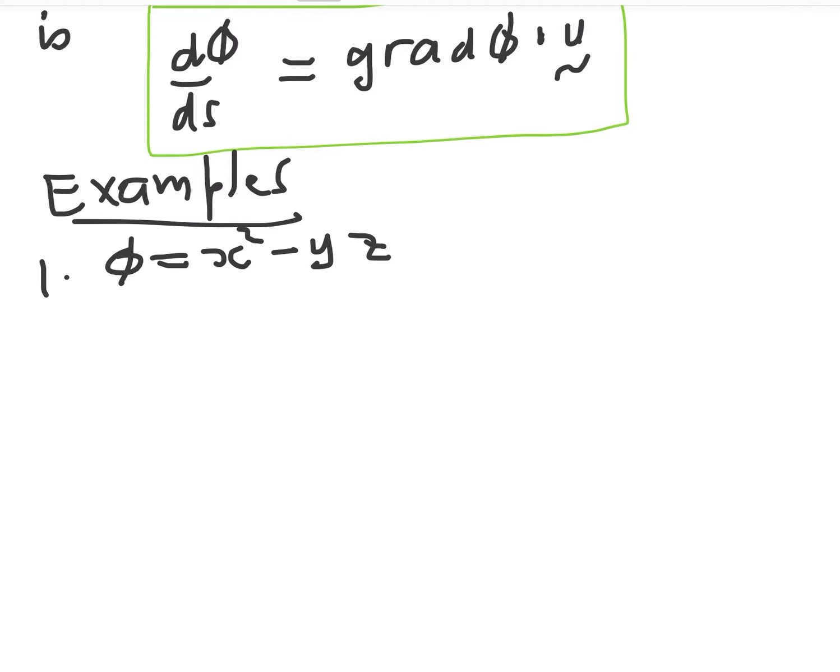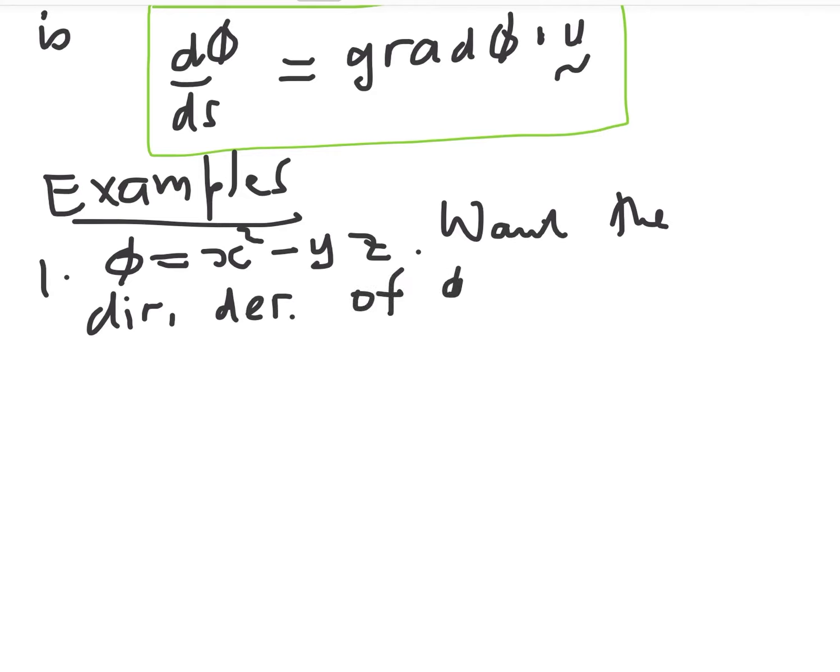So that's x squared minus yz. And what we want is the directional derivative of this phi at some point, in Cartesian coordinates x, y, and z.